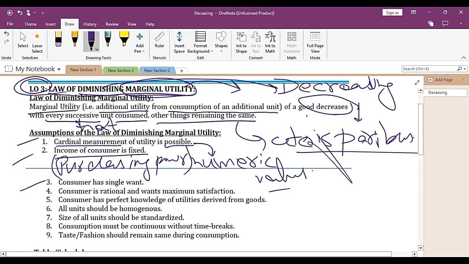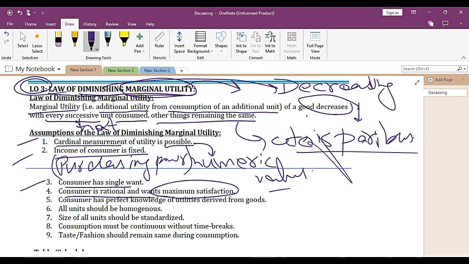Third assumption is that the consumer has a single want, means he is expending all his income on a single product. Next one is that the consumer is rational and wants to maximize his satisfaction from the consumption of the same product.